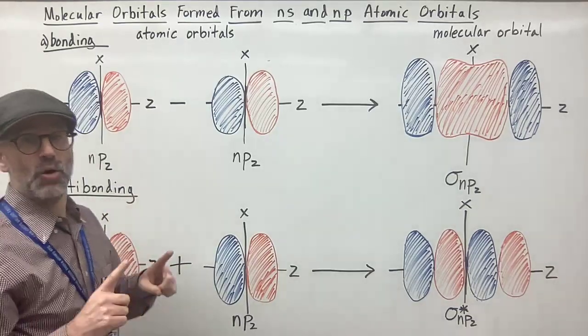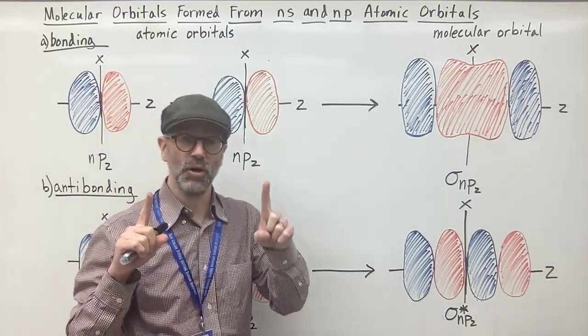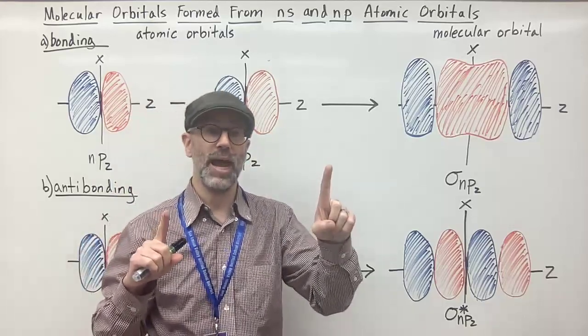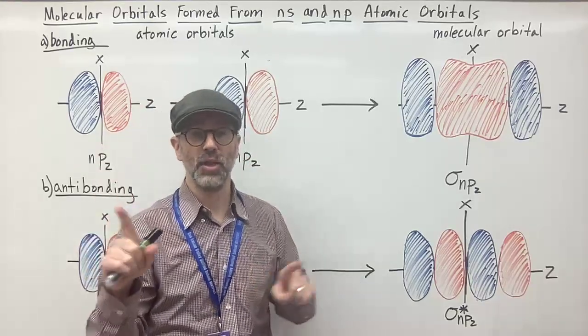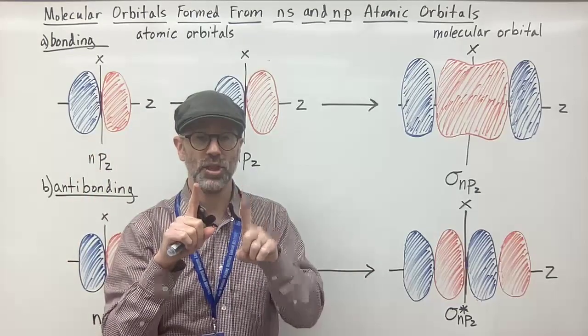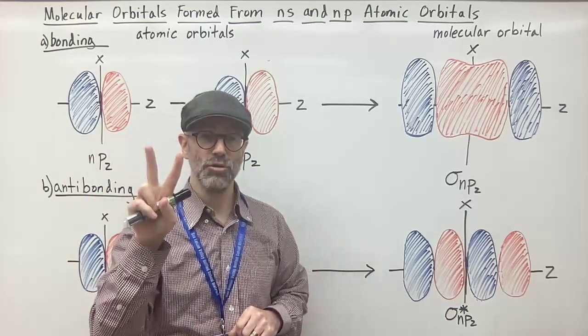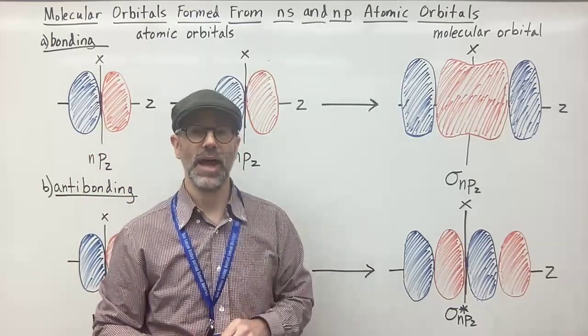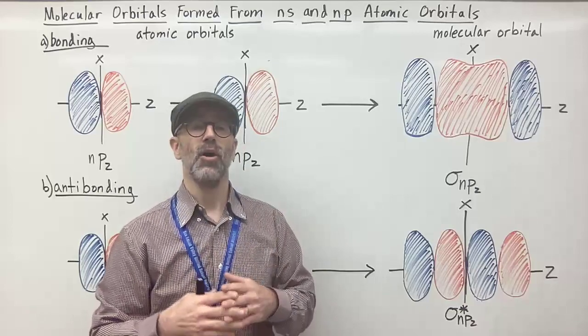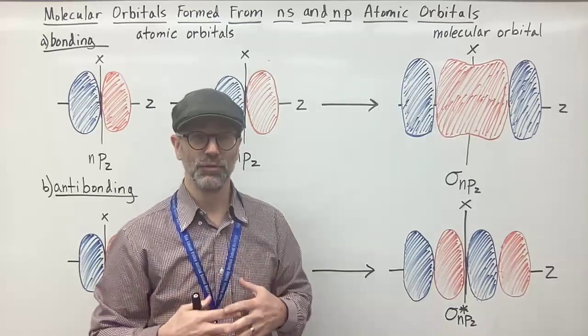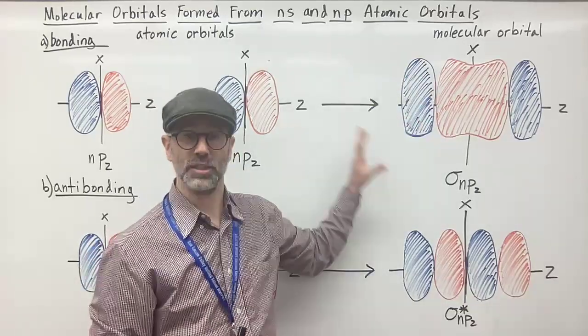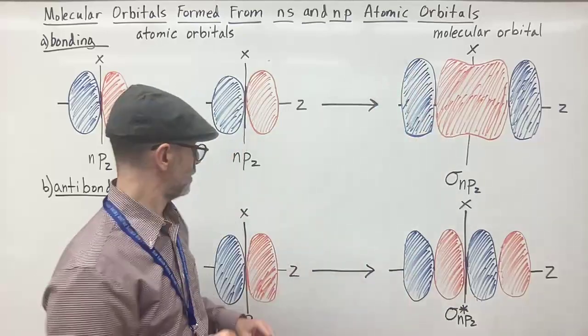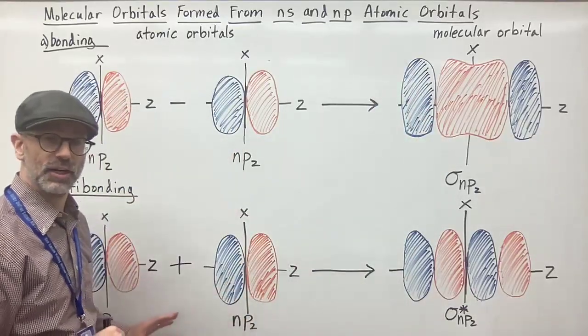Remember, you have a PZ orbital on one atom and you have a PZ orbital on the other atom, and they're interacting with each other, and they can interact in two different ways. They can interact constructively or they can interact destructively. So this is the constructive interaction. This is the destructive interaction.